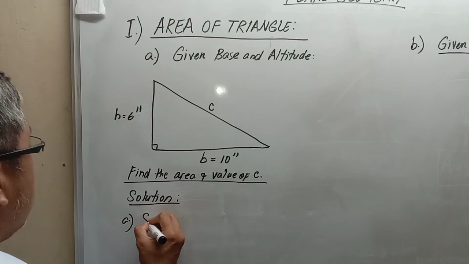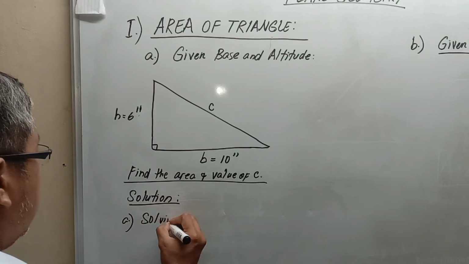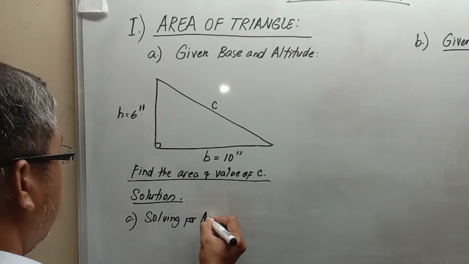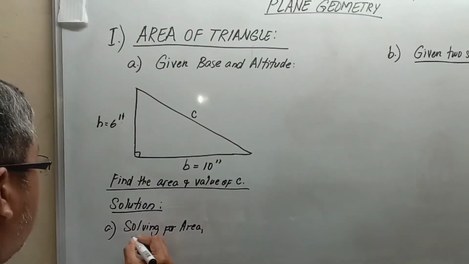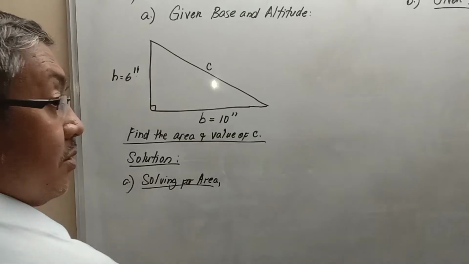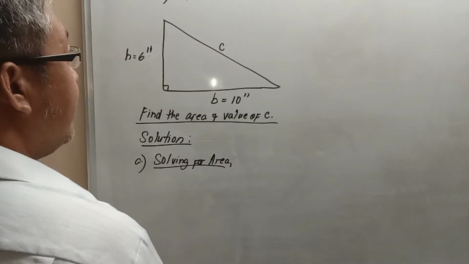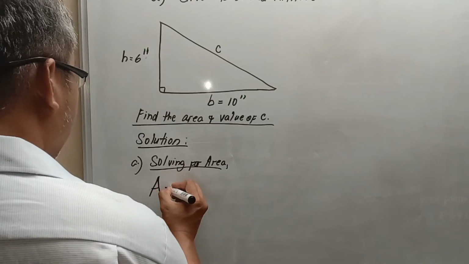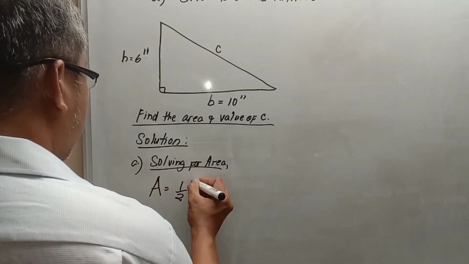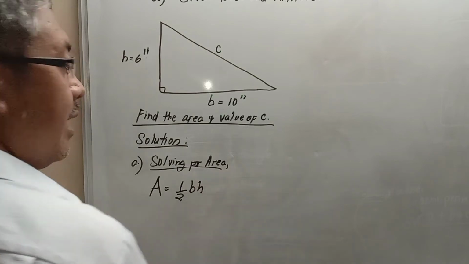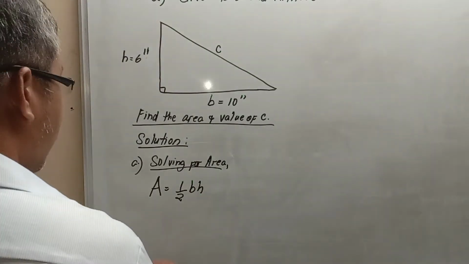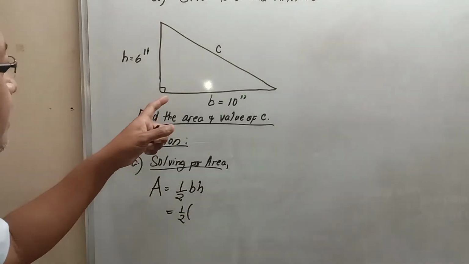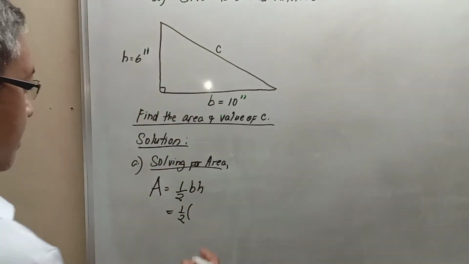Solving for area. So what is the equation, guys, on how to find the area? As we studied earlier, the area of a triangle is equal to 1/2 times the product of base times the height. So substituting, guys, how much is the base? As you can see here, 10 inches.